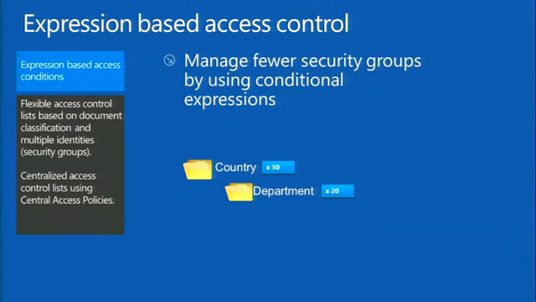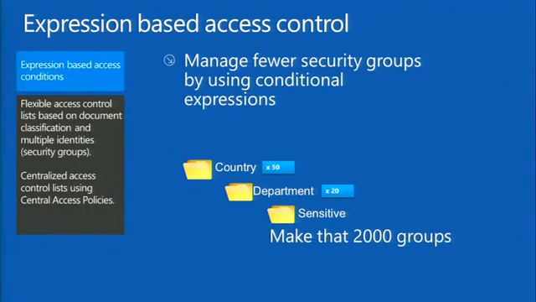And let's say I also added some sensitive information, make it 2,000, right? So if a user moves from one country to another, I need to change a lot of groups. If he moves from one department to another, I also need to change a lot of groups. This is the situation today. It's unmanageable. And it's very, very hard. This is where we got the 96,000 hackers in global payroll.